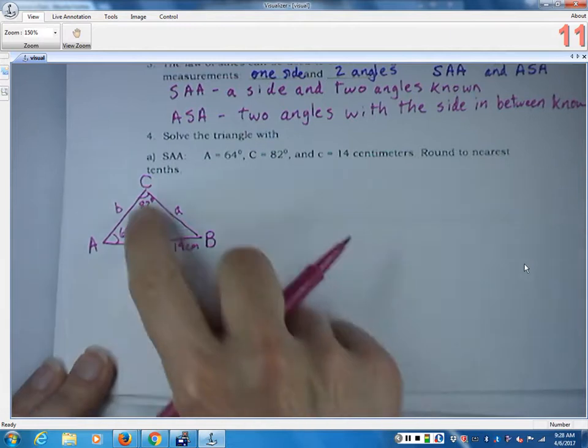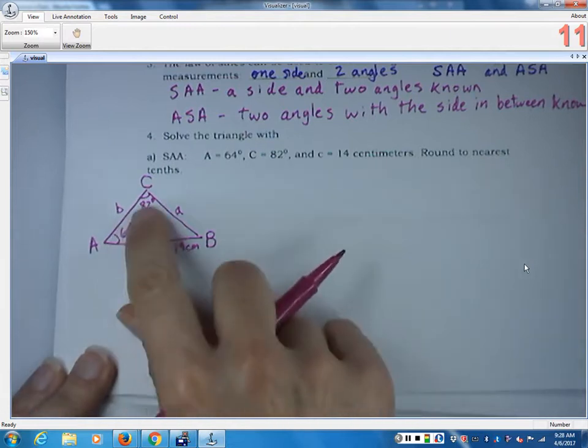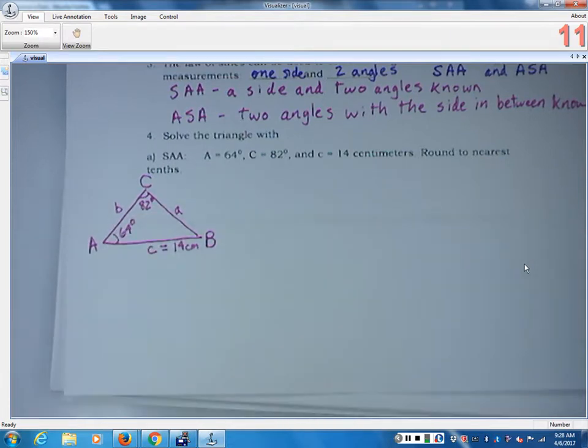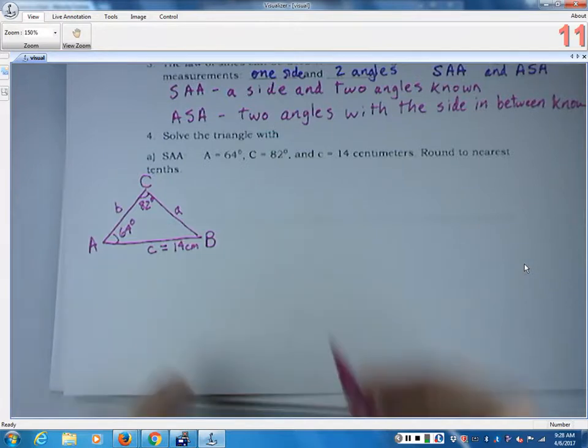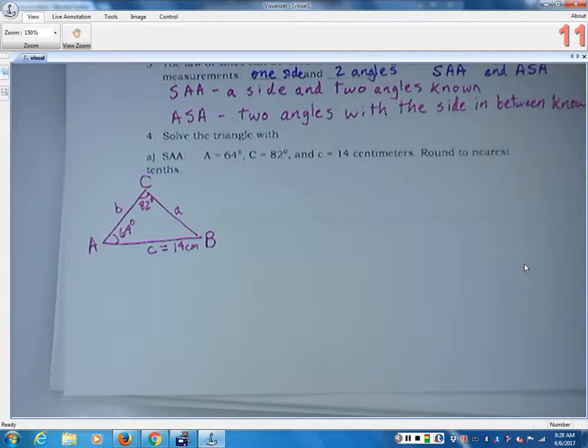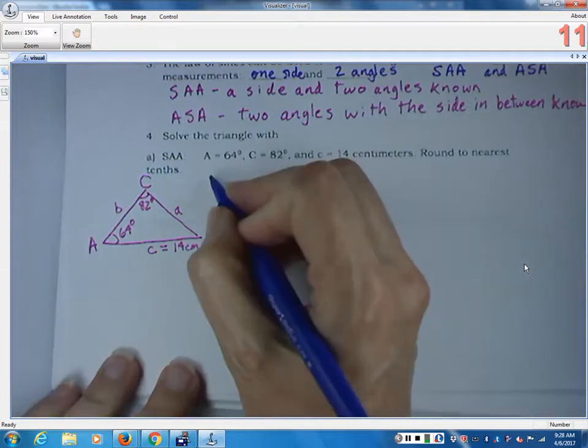So we got side angle. So the first thing you do is remember that the interior angles of a triangle add up to what? 180. Right.